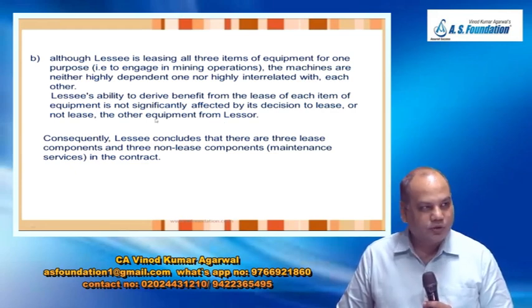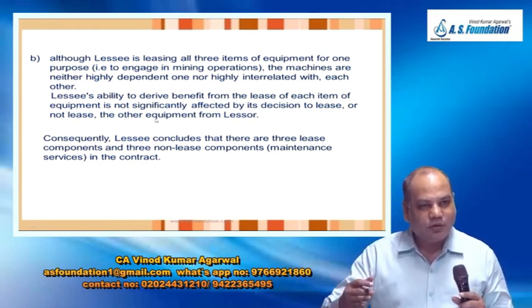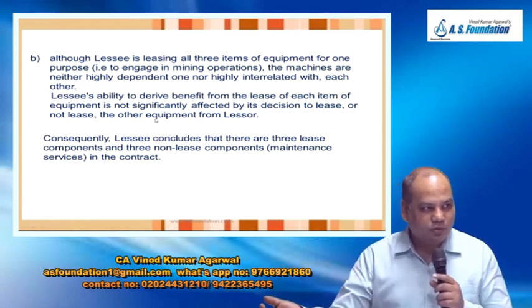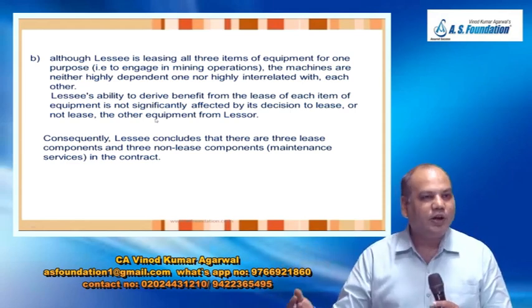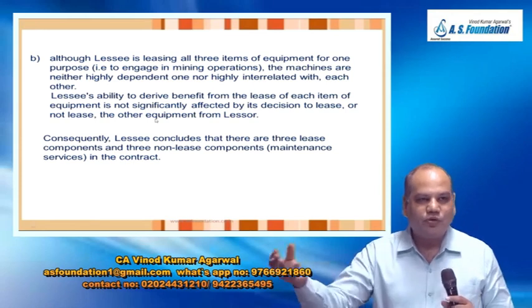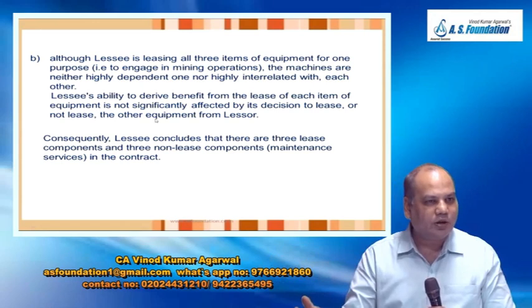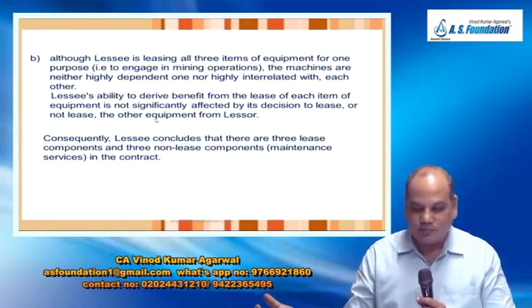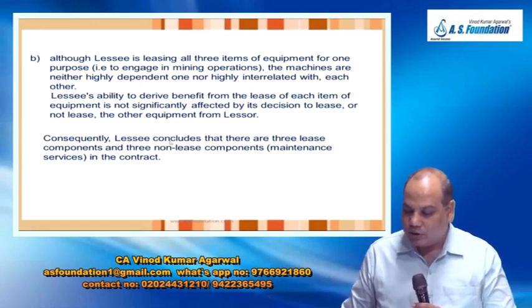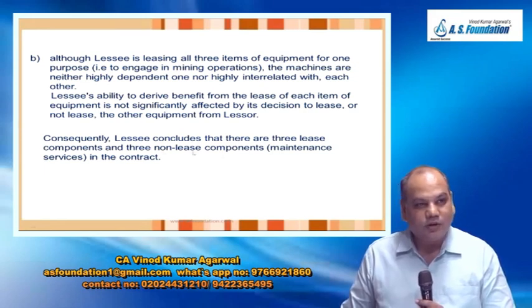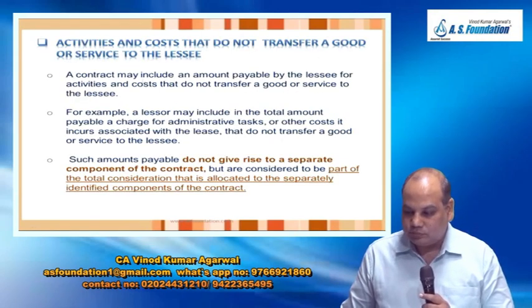That means you have a choice. You can lease 1 or 2 or 3 equipments. They are not highly dependent. Suppose the lessor does not give you truck, still we can manage. We can get truck from other parties. Okay. Consequently, lessee concludes that there are 3 lease component and 3 non-lease component. Which 3 non-lease component? Maintenance service for each equipment.